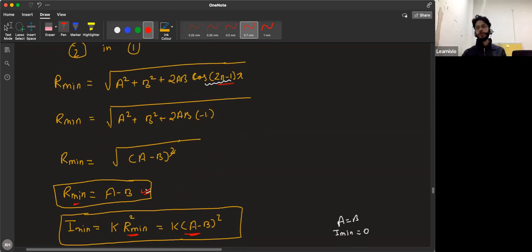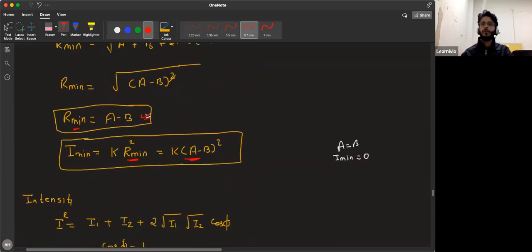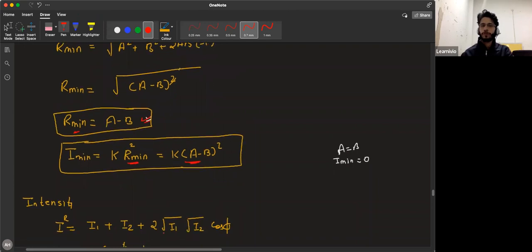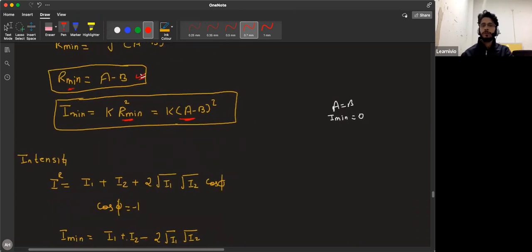You can do one more thing. Instead of the amplitude of individual waves, you can calculate the minimum intensity in terms of intensities of individual waves. For that, you will use this relation. Put cos phi equal to -1. This is I1 plus I2 minus 2 root I1 I2 cos phi. Can you write this as a whole square of something? I1 minus I2 whole square.